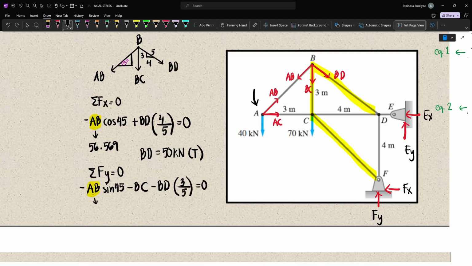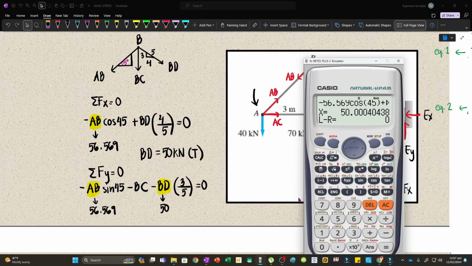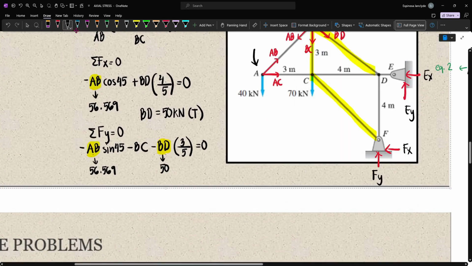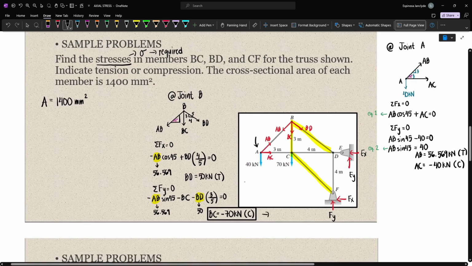All of that will be equal to 0. We know that AB is equal to 56.569, and BD is equal to 50, which is what we solved earlier. Using those values, we can now solve BC, which is 70 kN, and compression, because our result is negative.